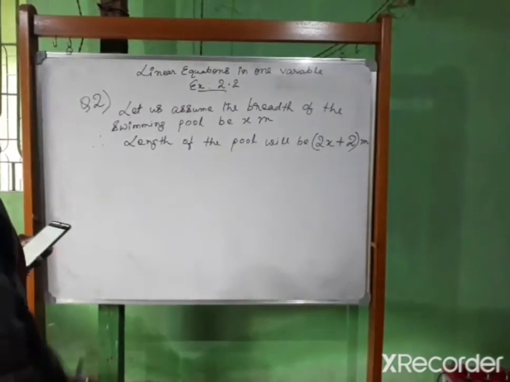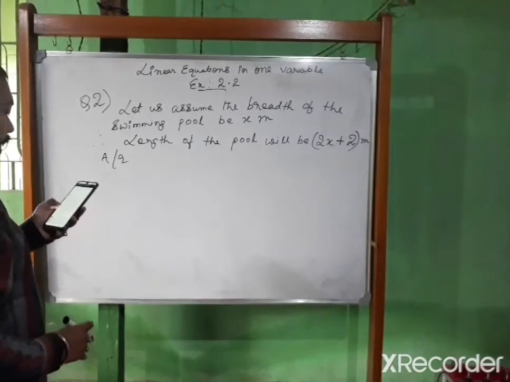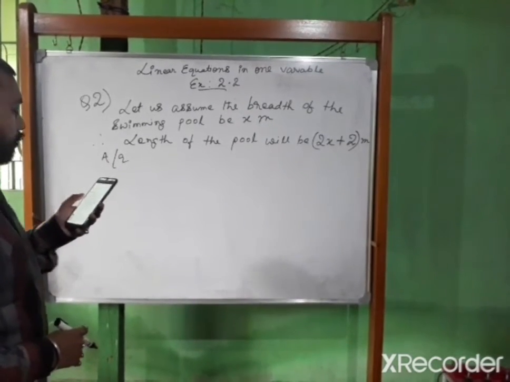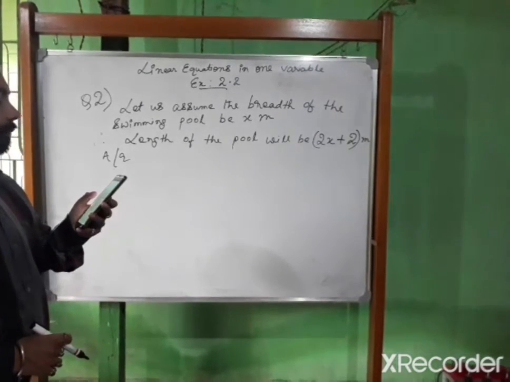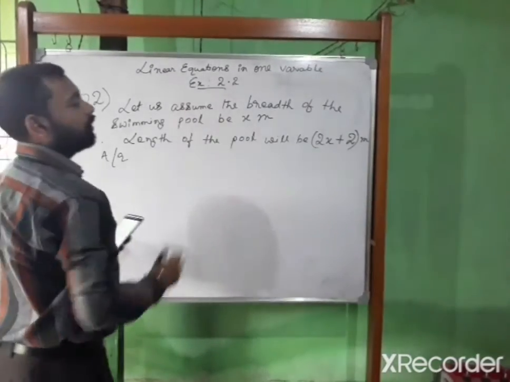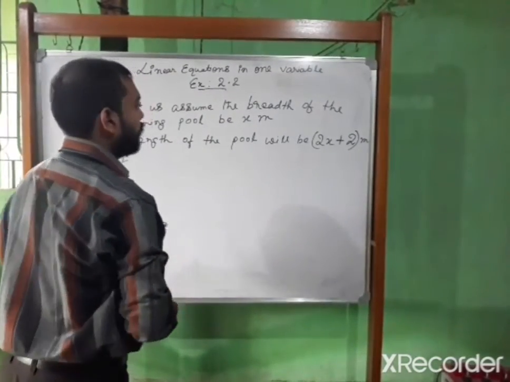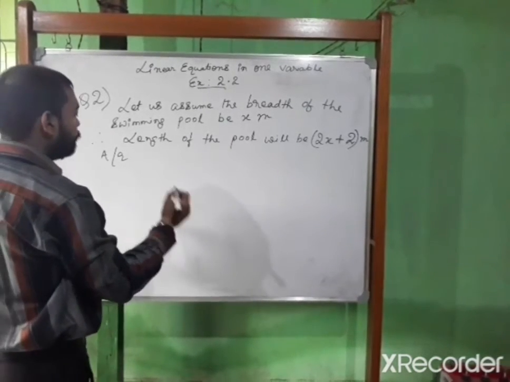Now according to the question, in the beginning of the statement it is clearly given the perimeter of the rectangular swimming pool is 154. So perimeter is given, that means we have to use the perimeter formula of rectangle. The perimeter formula of rectangle is 2 into length plus breadth.